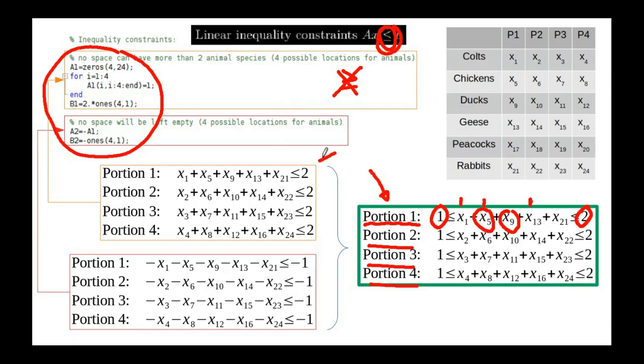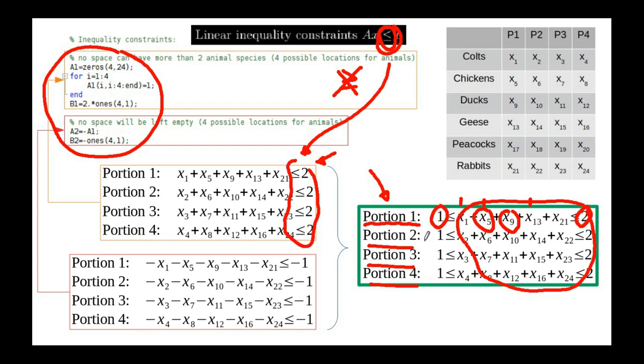So nothing to add in this less or equal than 2, because this part of the inequality remains the same. Why? Because at the end it is less or equal than.